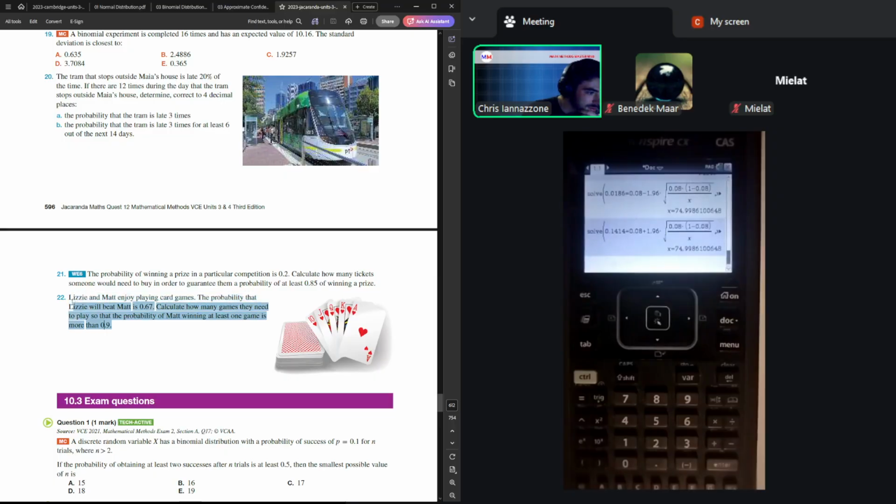So here's 1 in 22. You can see you've got a p-value, how many games, find n. Find n, number of tickets.